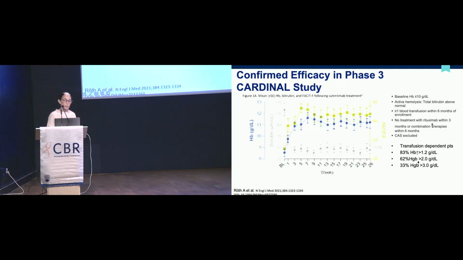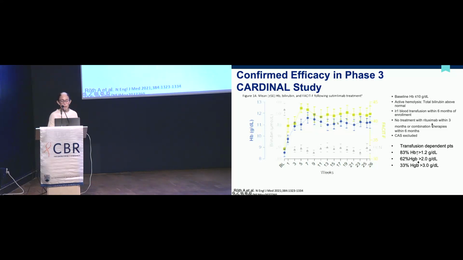And you can see the response rate. So the blue line is the hemoglobin, and within the first week, it starts going up, and by 4 weeks, it is up, and it stays up. If you look at the bilirubin, it's inverse, and it goes down, and it starts pretty fast, and by the third or fourth week, it's down.